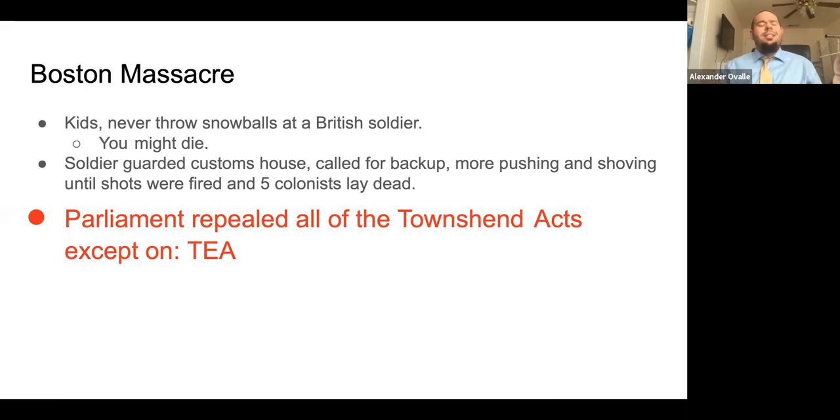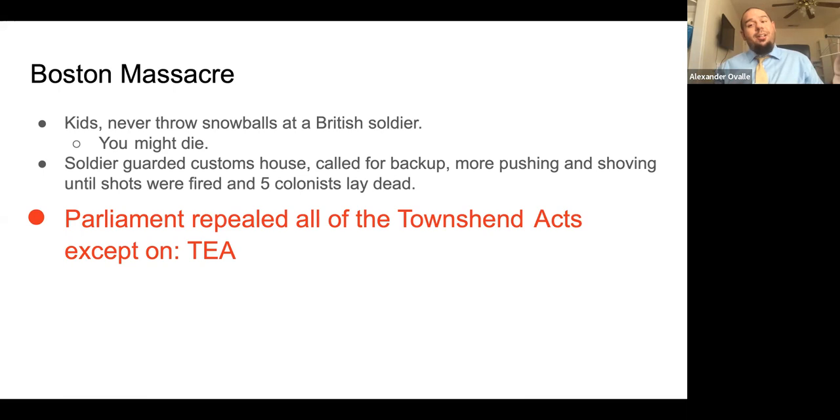If you don't know, Boston, New England, is where most of the revolutionary fever against ending British dominion over the colonists happened. More importantly, Boston. Therefore, shots were fired and 5 colonists died, and this is called the Boston Massacre. 5 people died.